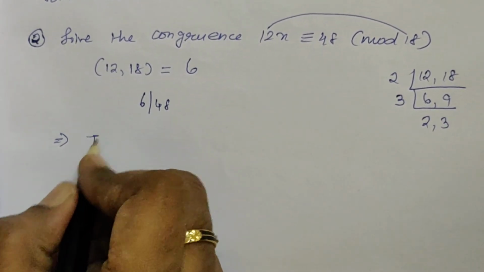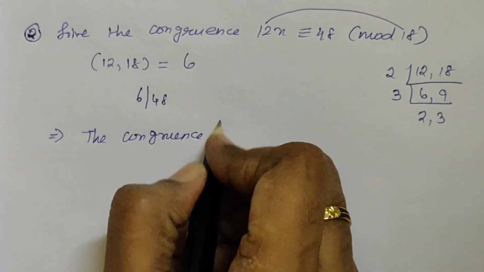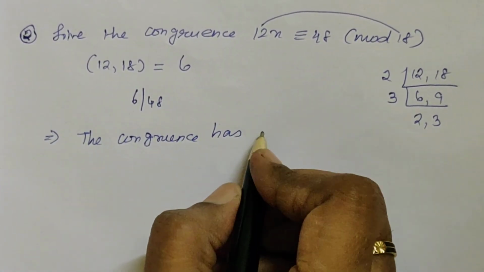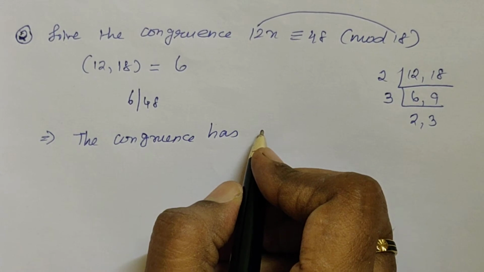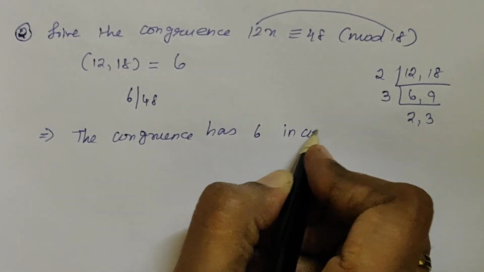This implies the congruence has 6 incongruent solutions modulo 18, where 6 is nothing but the gcd of 12 comma 18.